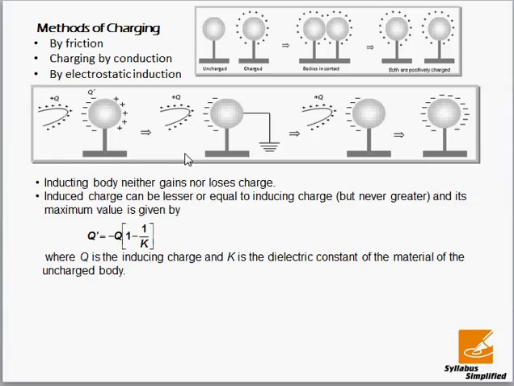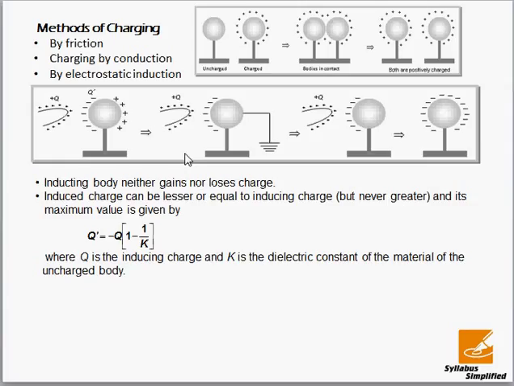This is how we charge a body by friction. So when there is friction between two bodies, electrons are made to move from one body to the other. The body which loses electrons becomes positively charged, and the body which gains electrons becomes negatively charged.